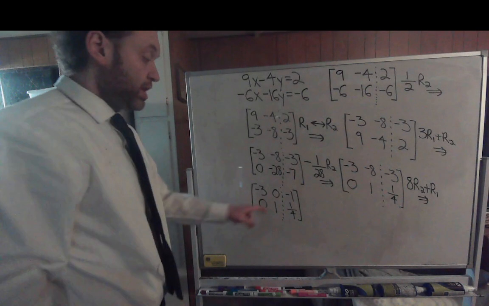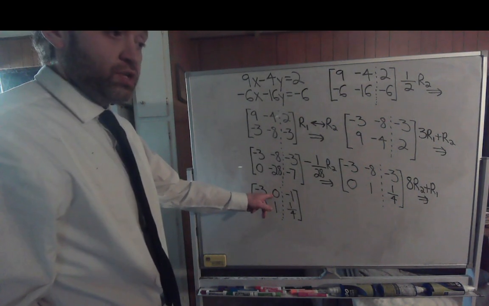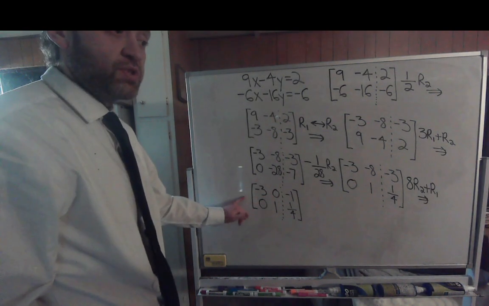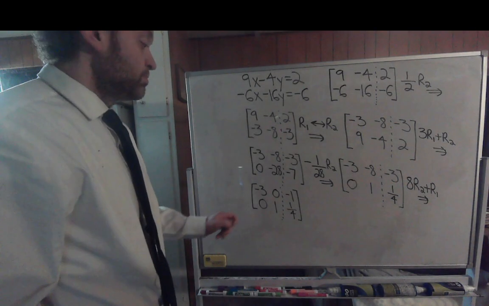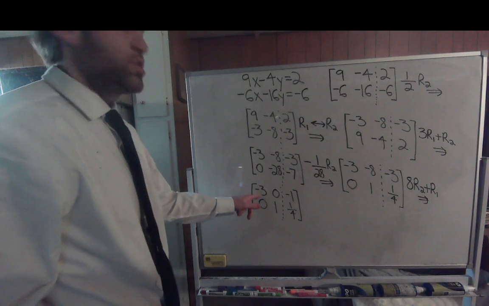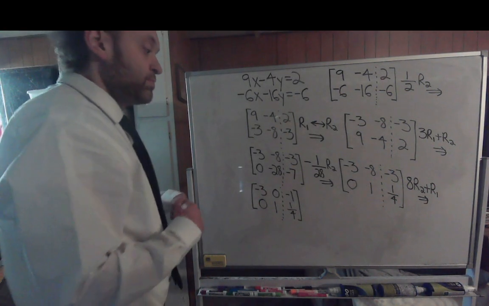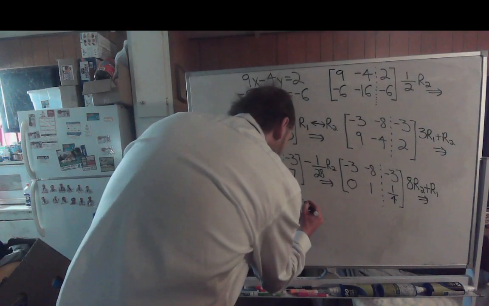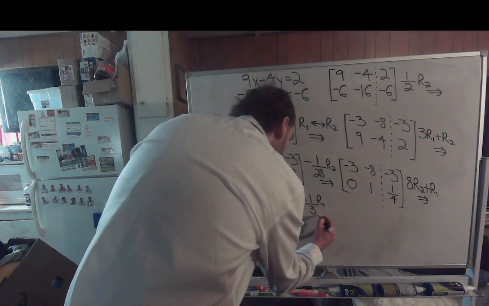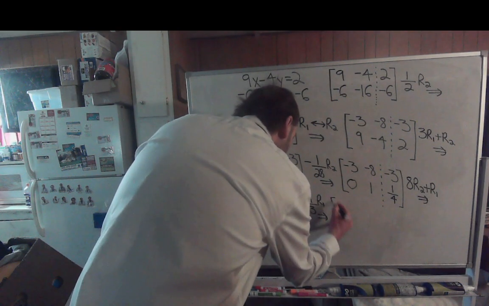And now that's great. We have the second digit of row 1 as a 0, but it's still not in reduced row echelon form, because the leading digit in the first row is currently a -3, where it should be a positive 1. So let's take -1/3 times row 1, and we should get our desired form that we want.